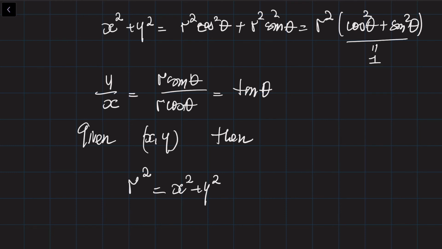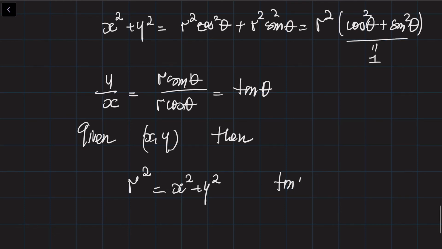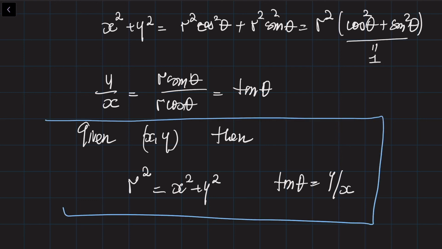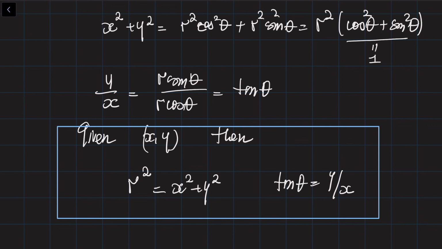And at the same time, the tangent of theta is going to be equal to y divided by x. So that's going to be another way of finding the coordinates of the same point in polar coordinates if you're given the one in rectangular.